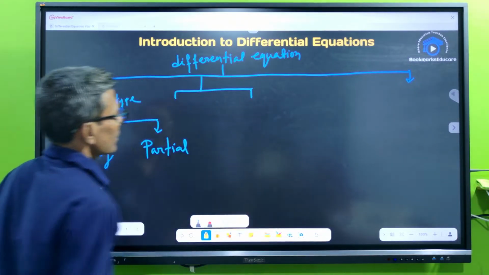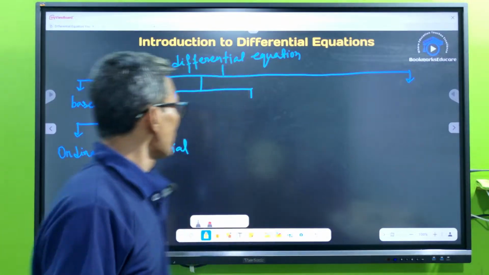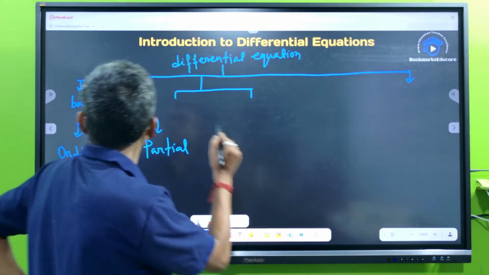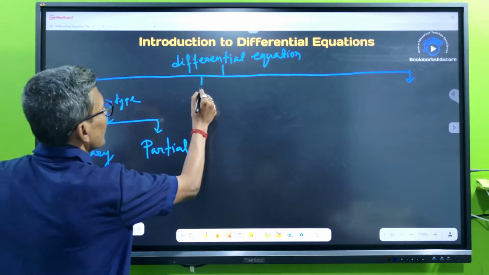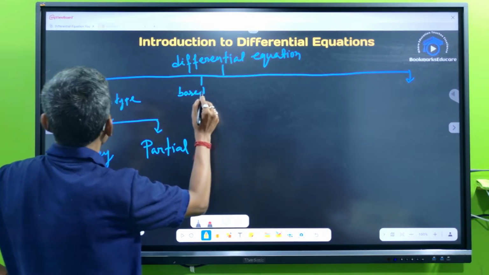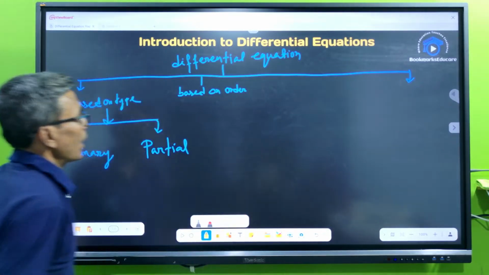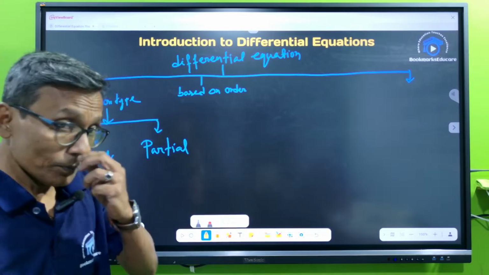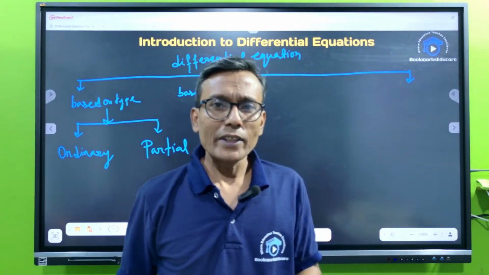Second part is based on order. According to order, it can be classified into three parts.